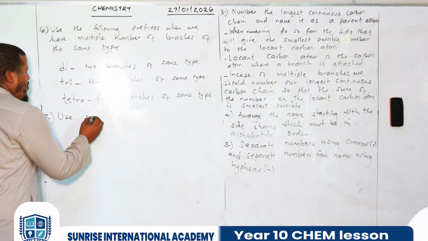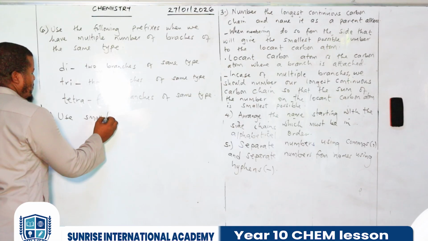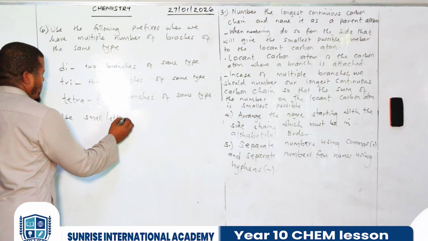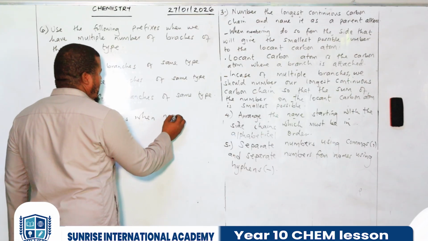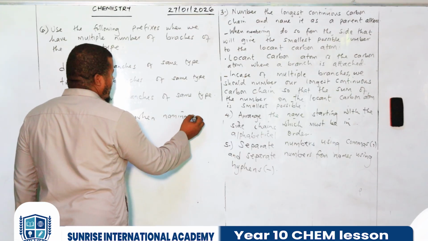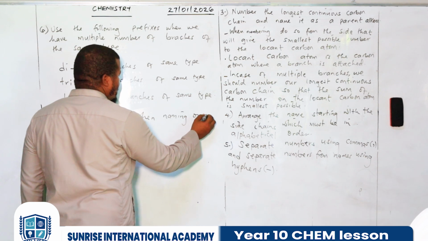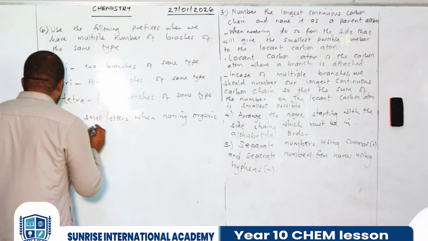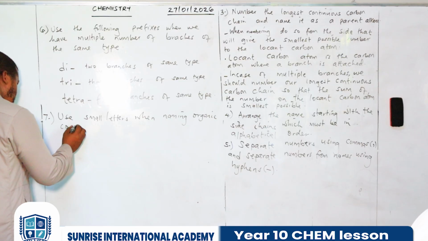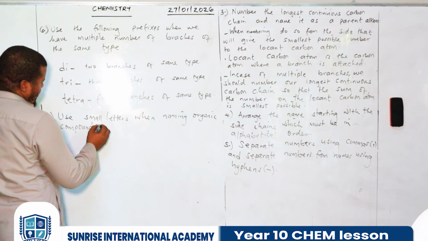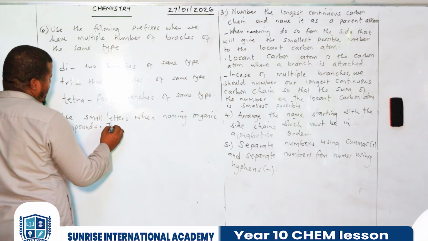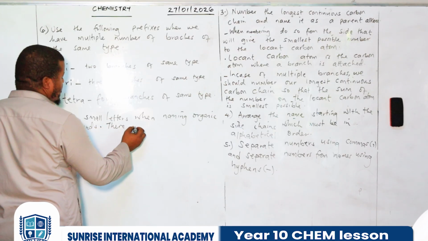And finally, rule number 7. Use small letters when naming organic compounds, in this case, alkanes. Remember, there should be no space.